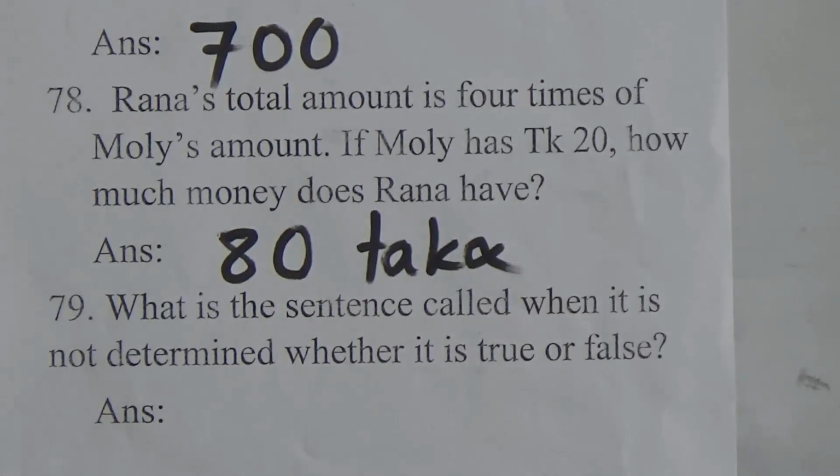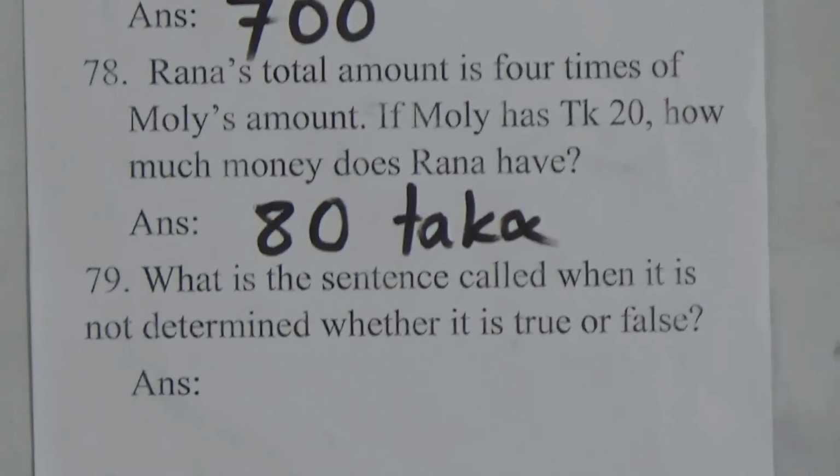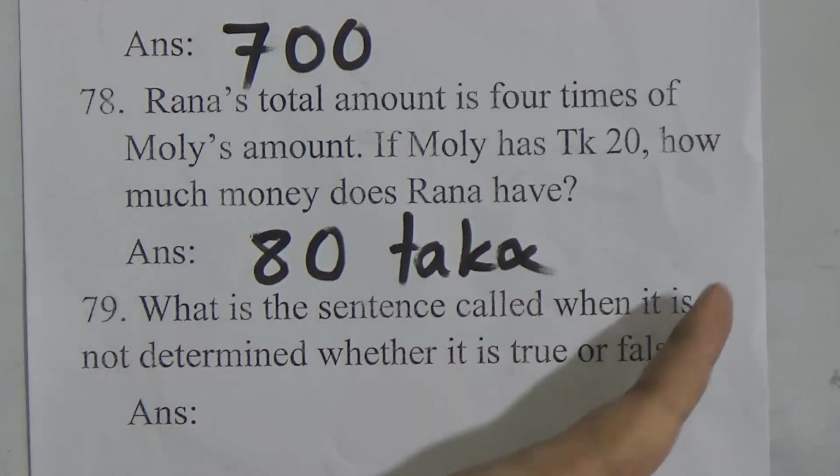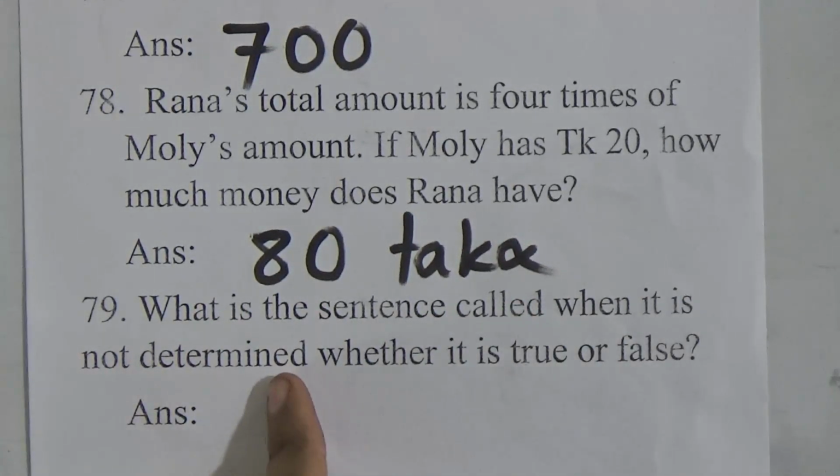Dear students, now you will notice what the sentence is called when it is not determined whether it is true or false. That means a sentence which cannot be determined to be true or false, that type of sentence is called what? We have already learned this in our previous short question classes. That type of sentence is called an open sentence.